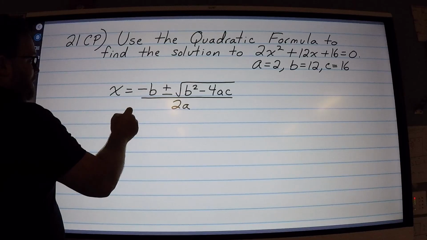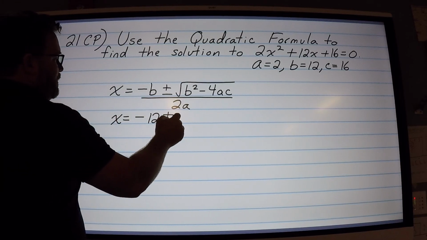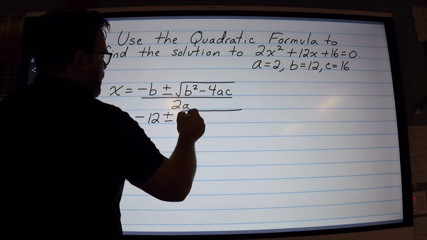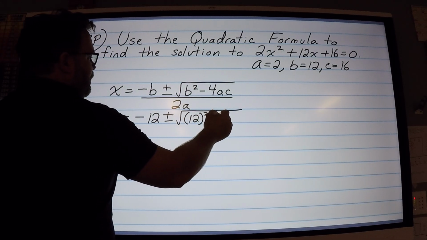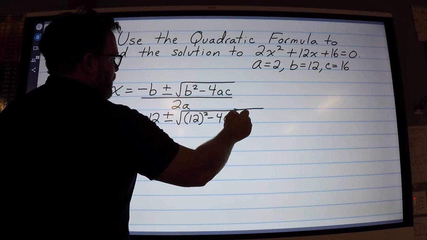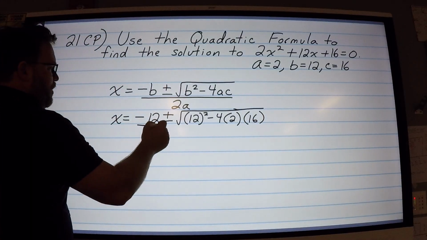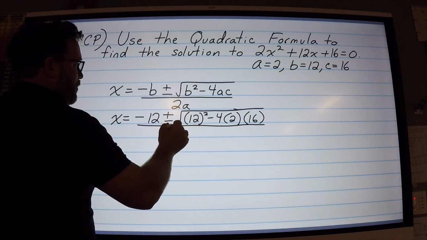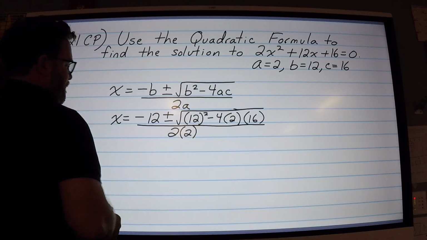We're going to say x equals negative 12 plus or minus the square root of 12 squared minus 4 times a, which is 2, times c, which is 16. And that's all over 2 times a, which is 2.